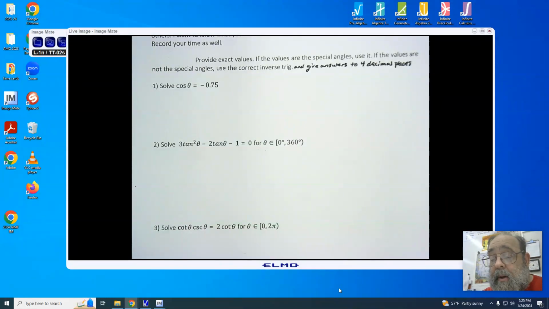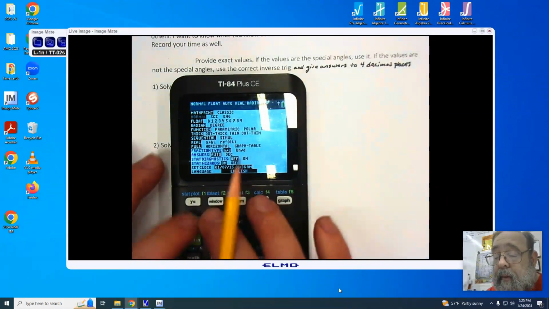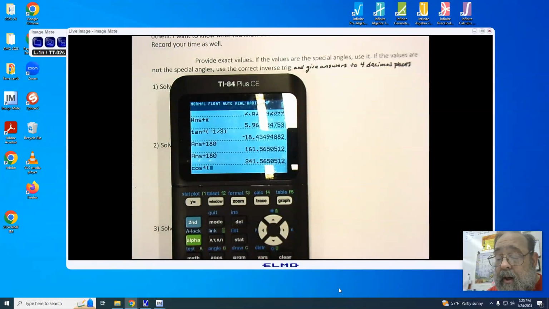Thank you. So when we do this, we are just going to be putting in second function cosine of negative 3 divided by 4, or negative 0.75. We expect to get an answer in the second quadrant, which means it will be over 1.5, yet about 1.57. We also know that it's going to be less than 3.14.